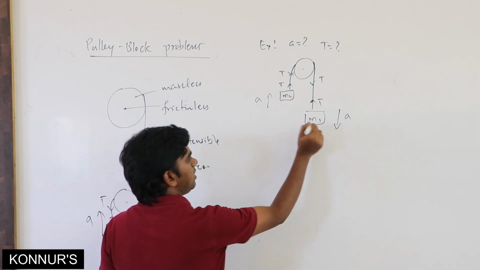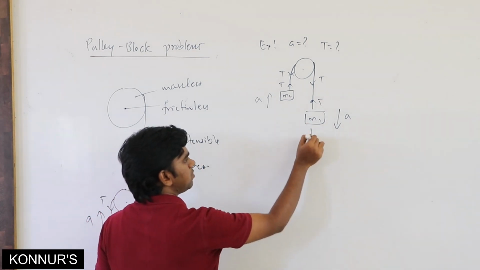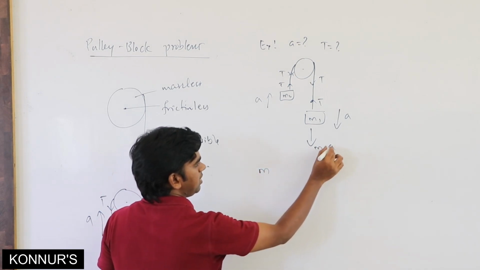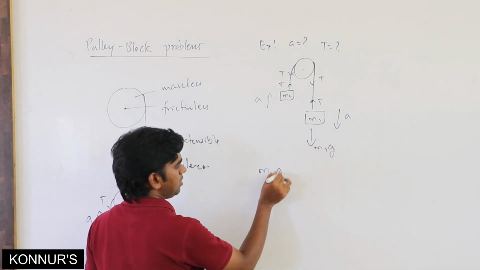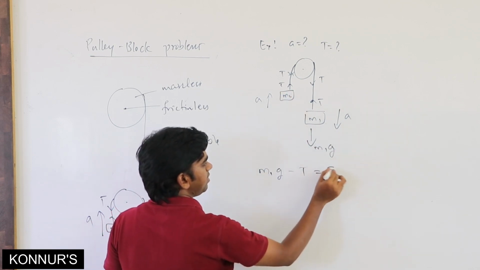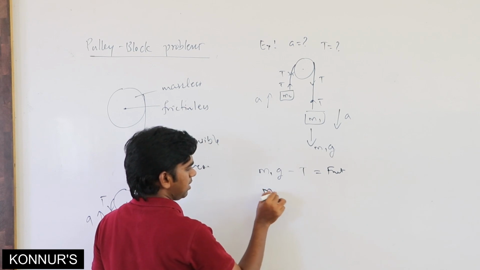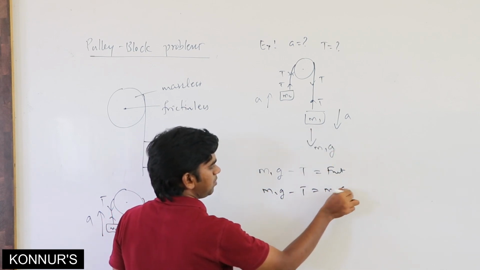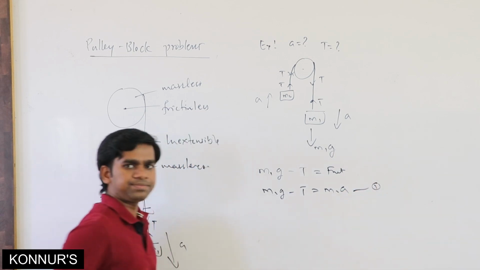Write the net force on this one. What is downward? Downward is m1 into g, so m1g. What is upward? T. So m1g minus T equals F net, and F net is mass into its acceleration. You got one equation.